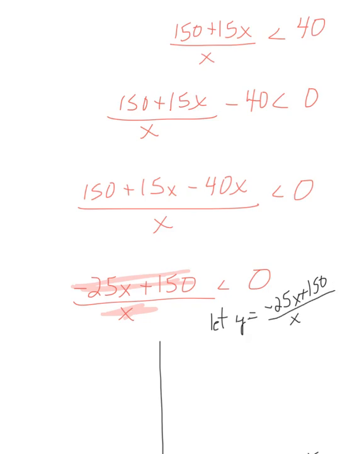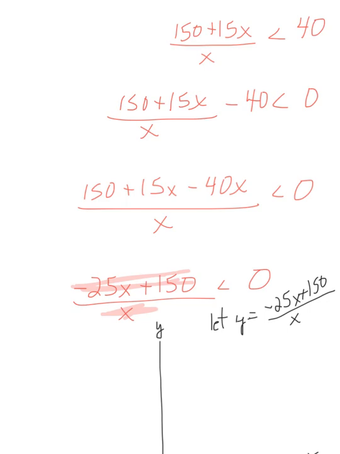This y is like the amount more than $40 that it is, because we subtracted $40. So it's basically the amount more than $40 each price is. Negative 25 over 1 is our horizontal asymptote, the a value over the a value. So this is going to be negative 25. We know we have a 0 when negative 25x plus 150 equals 0, so x is 6.